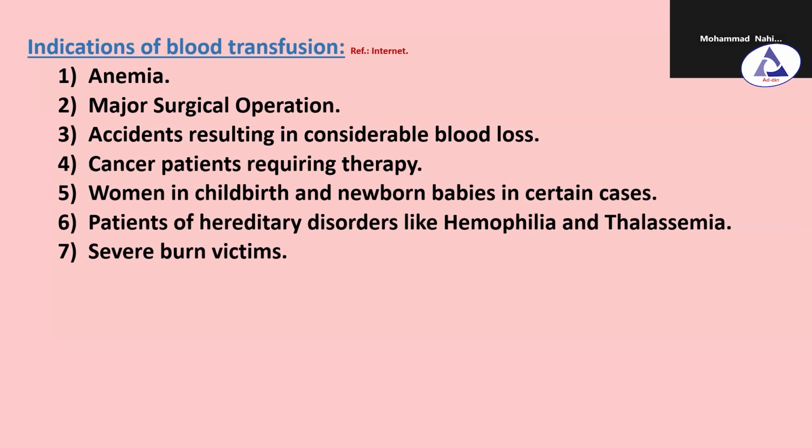Number four, cancer patients requiring therapy. Number five, women in childbirth and newborn babies in certain cases. It is more or less common in women during childbirth that there will be moderate or severe blood loss. Number six, patients with hereditary disorders like hemophilia and thalassemia. And number seven, severe burn victims.